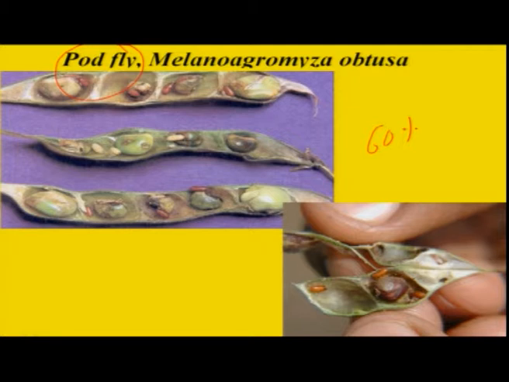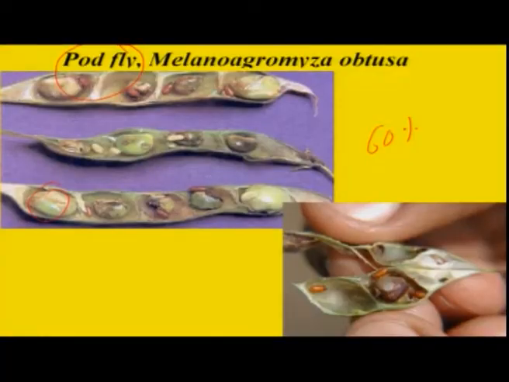This particular pest deposits eggs directly into the seed, and you can see one larva feeding on the seed, completing its entire life cycle and pupating there itself, and then the adult emerging out from the pod. Because of this there is a significant loss. Even in South India, late maturing varieties of red gram are recording up to 30 to 35% economic damage.